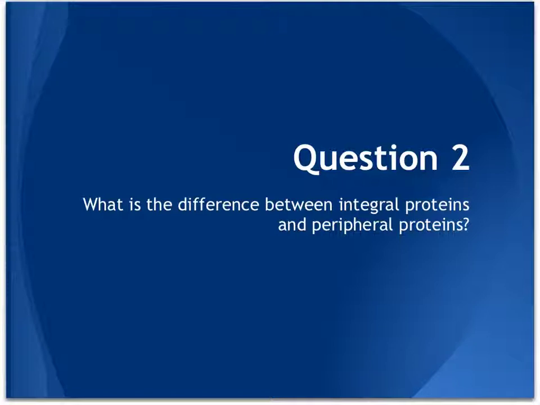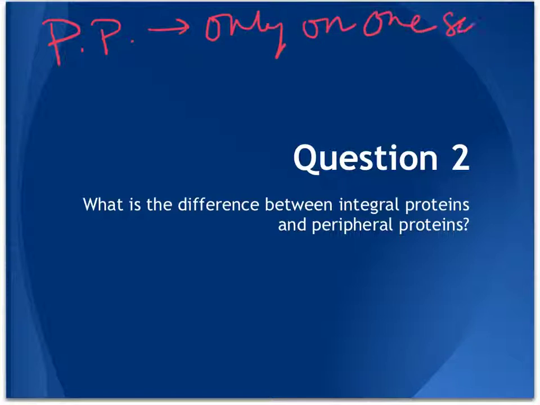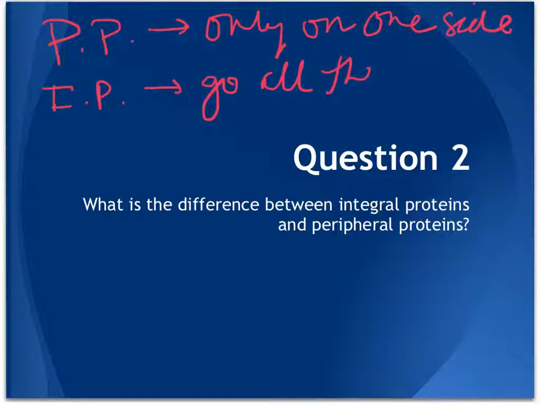All right, hopefully you've answered that question. And again, to emphasize the point, peripheral proteins are only on one side of the membrane, whereas integral proteins go all the way through the membrane.